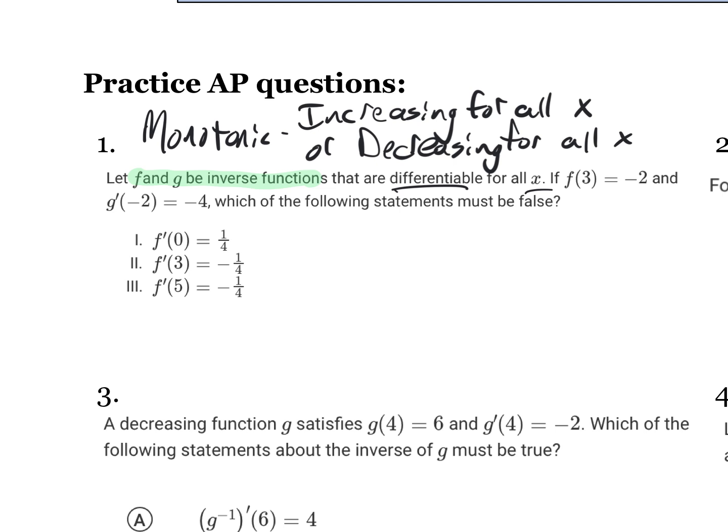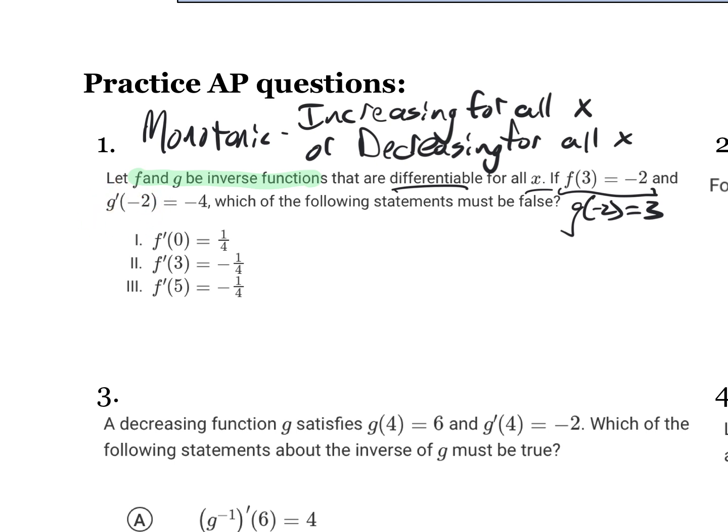And we're told that f of 3 equals negative 2. Now, whenever we have an inverse function, it's useful to write down this fact. If f of 3 is negative 2, then g of negative 2 is 3 because they're inverses. Now, we're talking about the derivative. We're told the derivative of g, so we can use that.